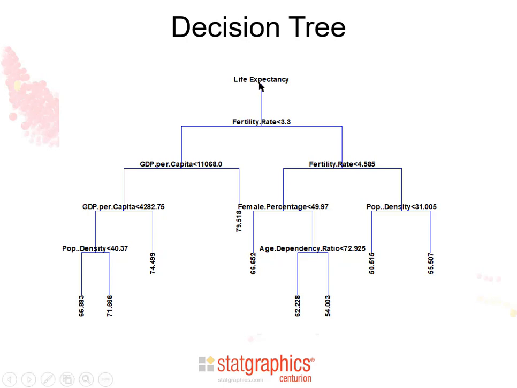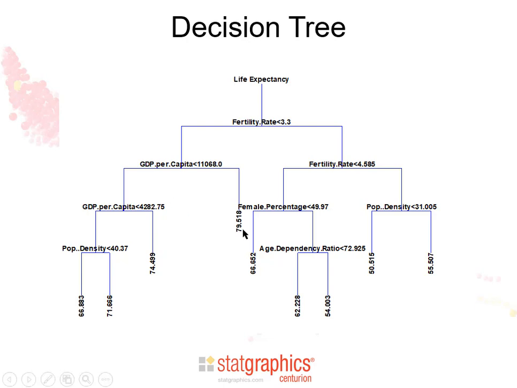The important thing to see, though, is as you move down the tree, let's say, for example, the fertility rate was less than 3.3 children and the per capita GDP was greater than $11,068. I predict a life expectancy, an average life expectancy in that country of about 79.5 years.